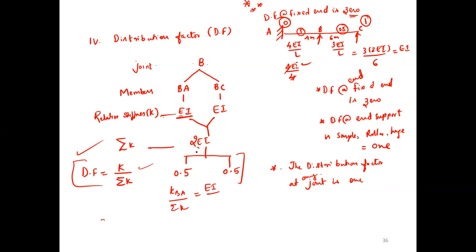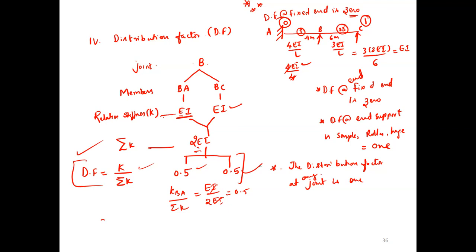What is sigma K? 2EI. EI gets cancelled. What is 1 by 2? 0.5. Similarly here, KBC is EI, sigma K is 2EI, so we get 0.5. Got it? Clear?